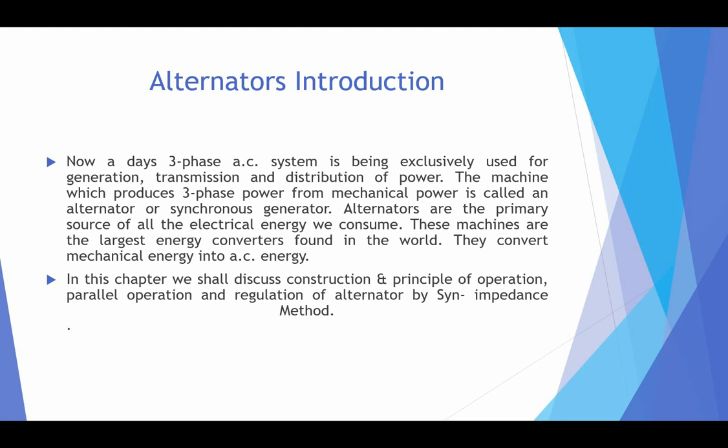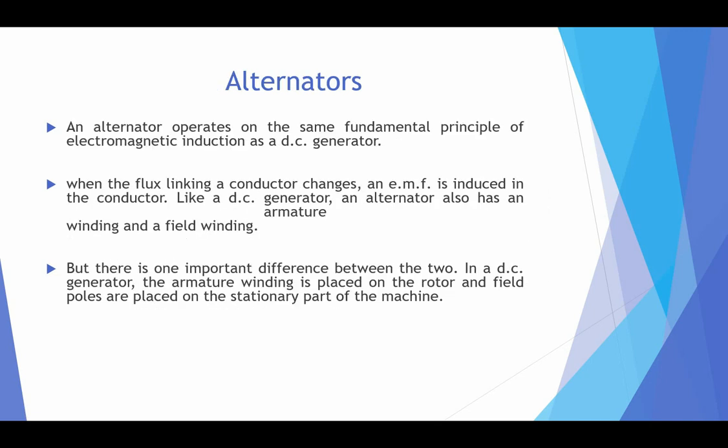It is used in the power system. We generate three-phase power from it, then transmit it and distribute it in industries, in houses, in shops, in hospitals. So what is an alternator and how does it work?